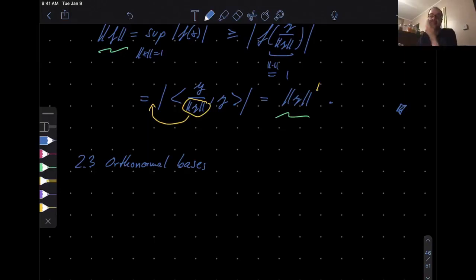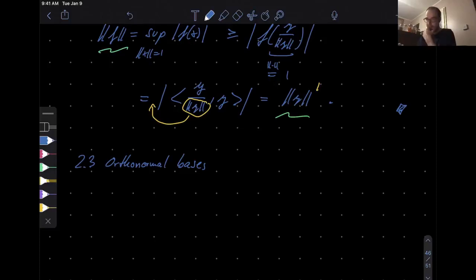In particular, if you usually prove Riesz representation in linear algebra, you also use a basis. You start with a basis of the inner product space, and then you have the dual basis, and that's how you cook up that vector y. Now here we're going to do similar things. So we want to make sense of what a basis is in an infinite dimensional vector space, okay?